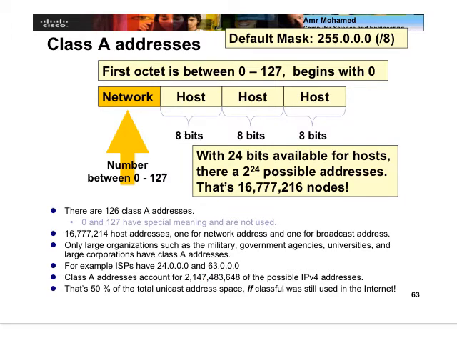How many networks do we have in Class A? 2 to the power 128? This is huge.